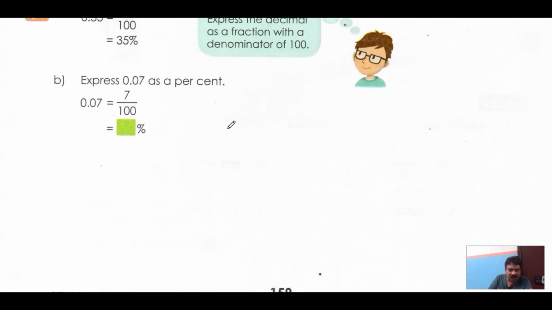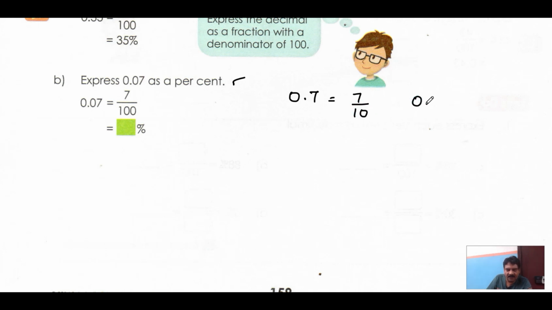See, here it is given: express 0.7 as a percent. So 0.7 means the decimal has one digit after it, so you write the fraction with 10 in the denominator, that is 7 by 10.